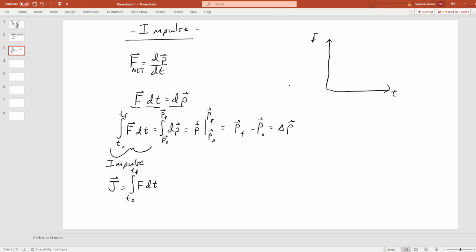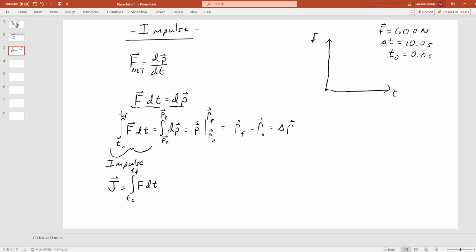Let's let F be, I don't know, 60 newtons. Why not? And let's say that our time interval is 10 seconds. And we'll let T0 be 0. So we're going to start our stopwatch from 0.